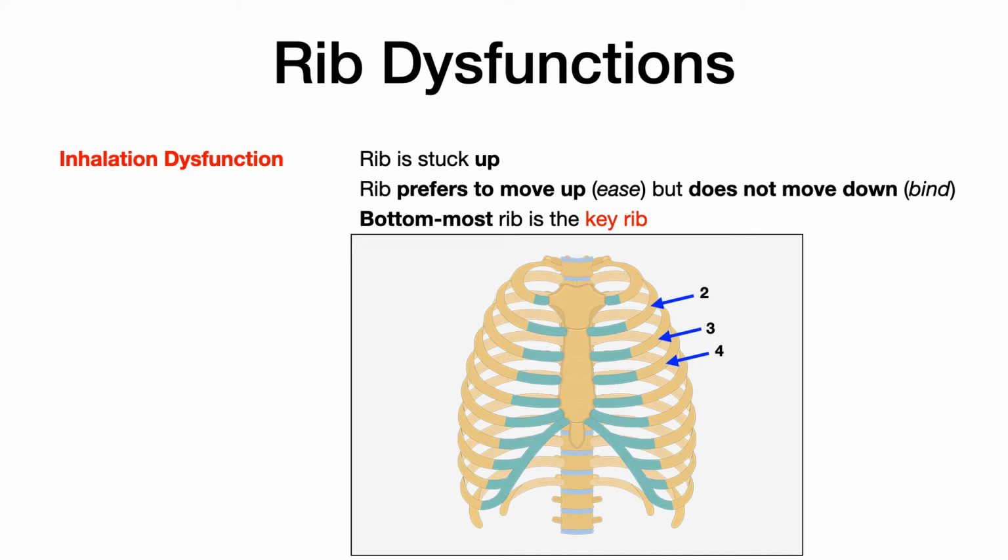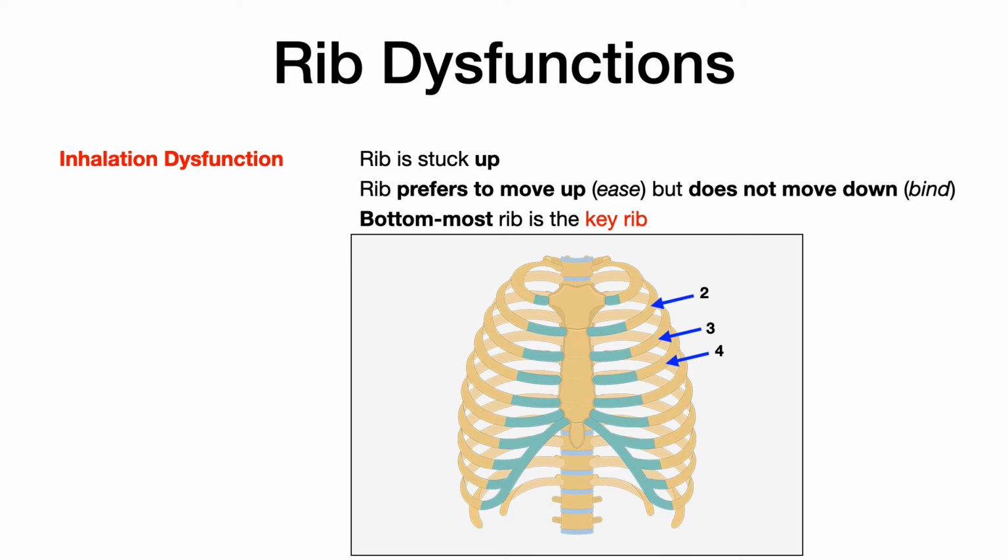And if you want to move them down one at a time, you have to treat the bottommost key rib first, because if you tried to treat rib 2, it wouldn't be able to go anywhere because rib 3 is in its way. If you tried to treat rib 3 first, it wouldn't be able to go anywhere because rib 4 is also stuck up and blocking rib 3. Therefore, I'm going to repeat myself because it's incredibly important you understand this.